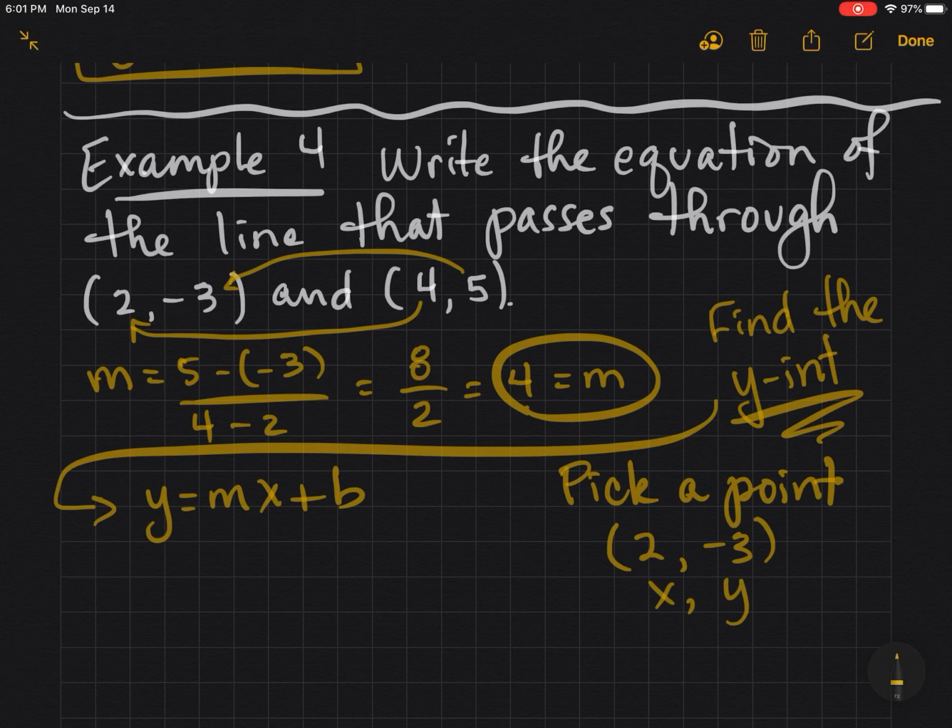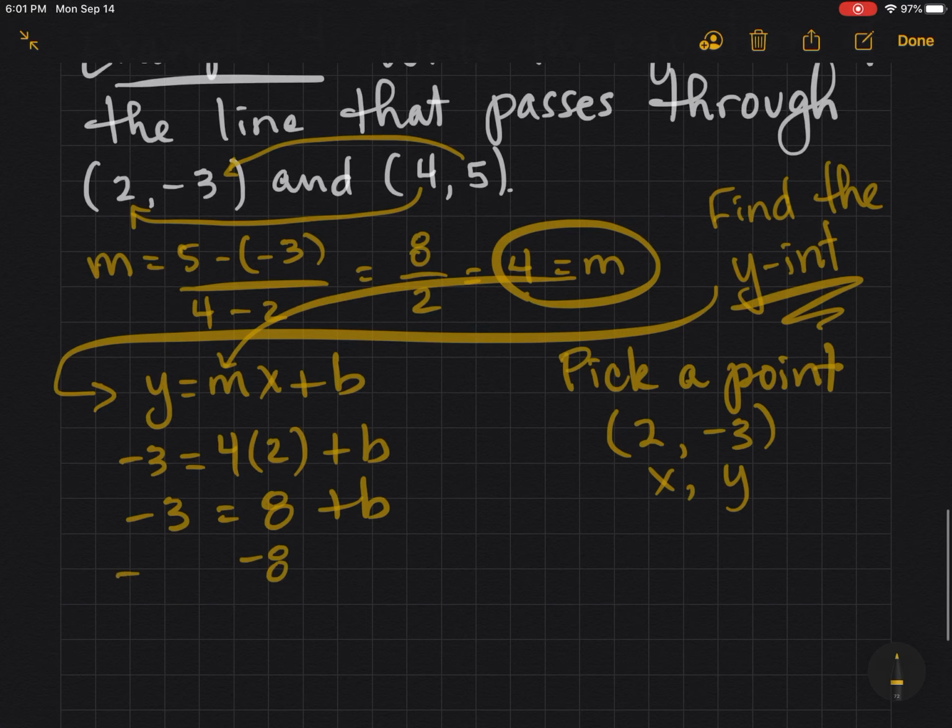So now y is -3, m is 4, and x is 2. We know everything except for the b. So now I have -3 equals 8 plus b.